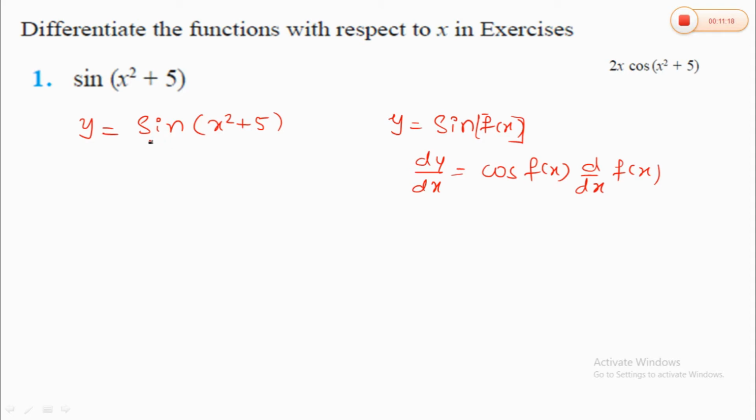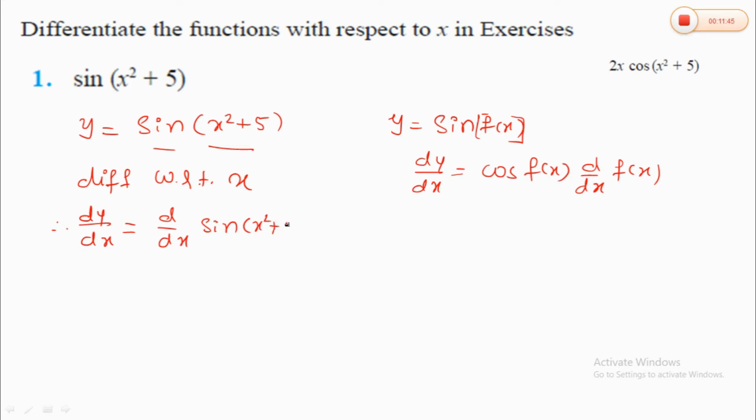This is sine of f(x). Now differentiate with respect to x. dy by dx equals dy by dx of sine of (x square plus 5), where f(x) is x square plus 5.